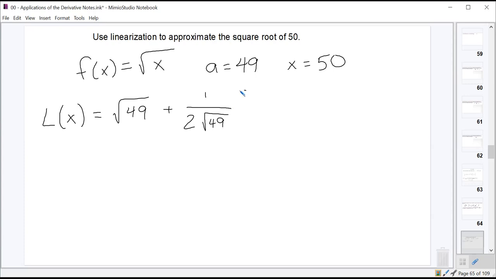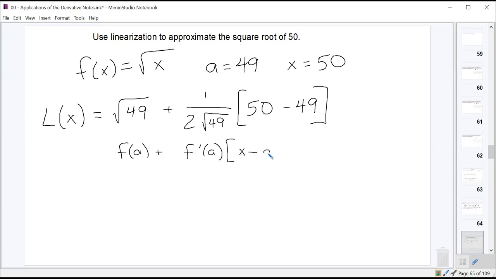And then times our x value that we're interested in, 50, minus the A value that we found, 49. So we can see this is just f of A plus f prime of A times x minus A. It's just the formula that we had a minute ago, and we've just evaluated it with A equal to 49, x equal to 50, and using f of x as our square root of x function.